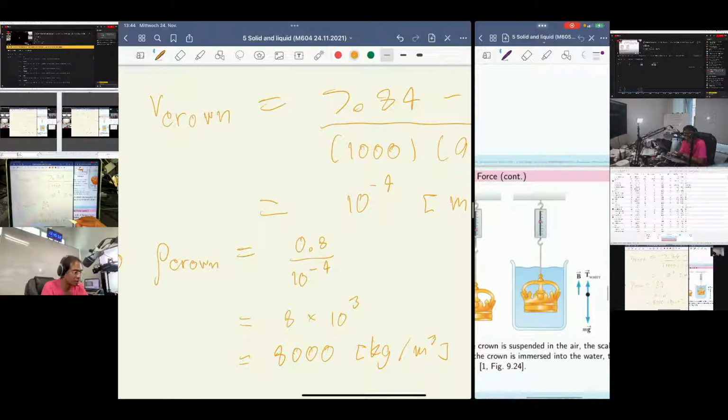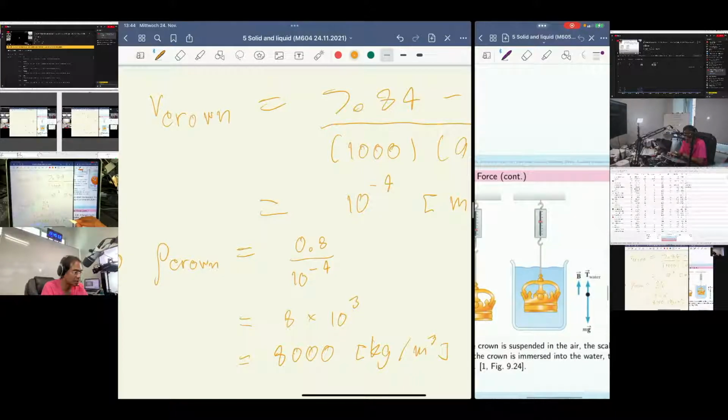There you have rho crowd less than the density of the pure gold. Pure gold is 19.3 times 10 to the 3 kilogram per cubic meter. So it's not the case. What you could get here is fraud.